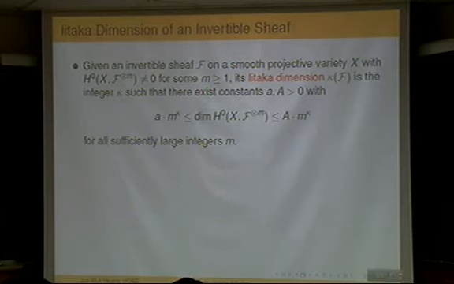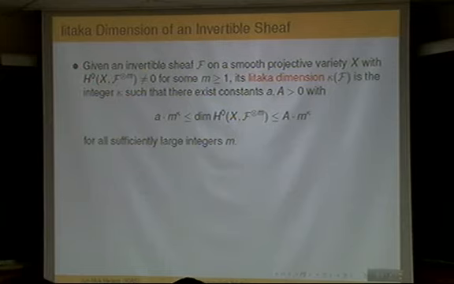Okay. Now I have to explain Iitaka dimension. In the previous talk or portion, he called this Kodaira dimension. I had no time to change it, so you have to accept it; hopefully it's not confusing.